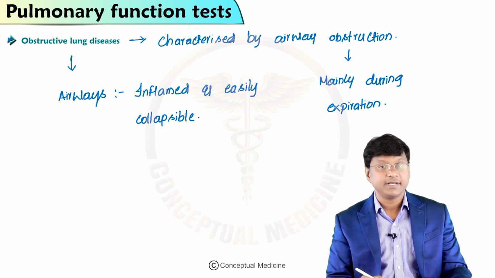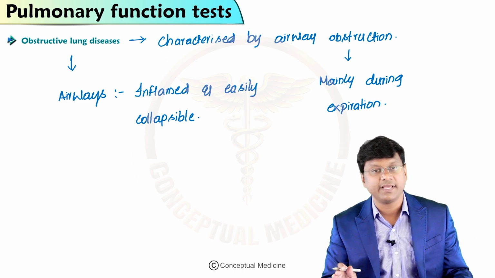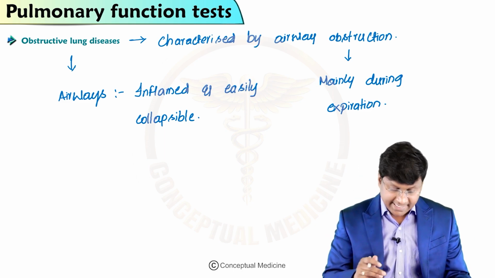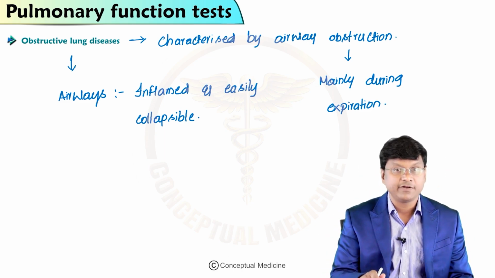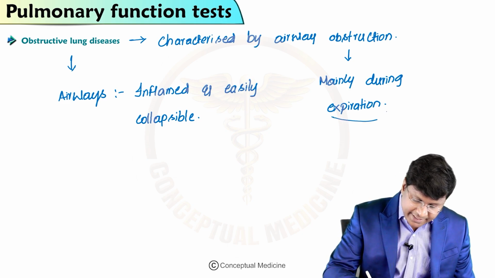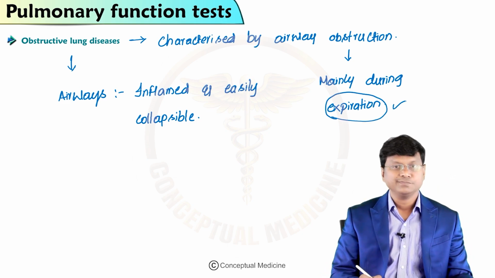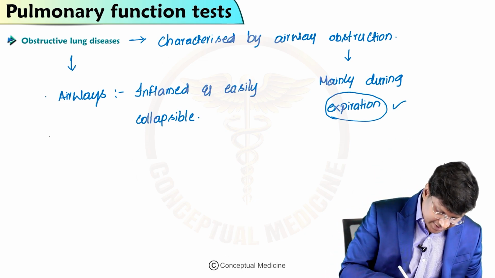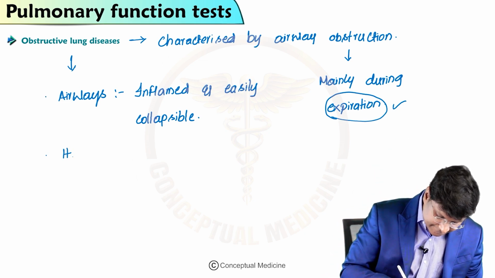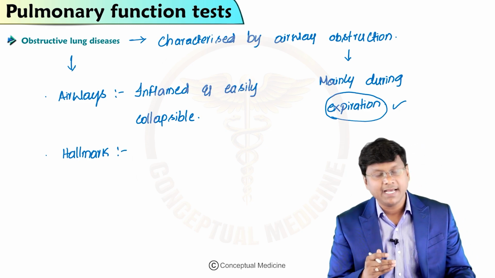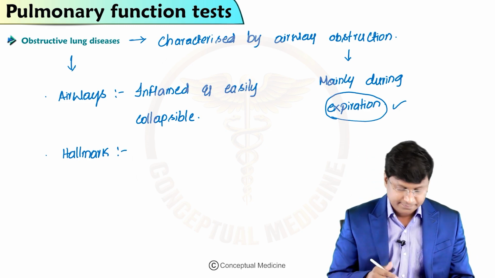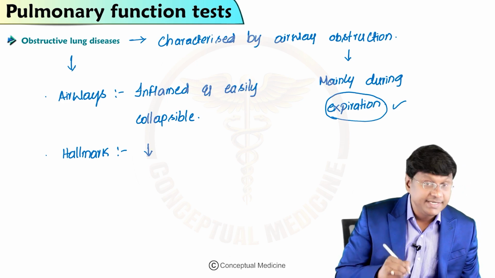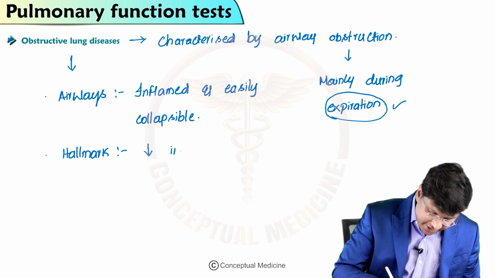There is an obstruction to the airflow, and the problem is mainly during expiration. And what is the hallmark of obstructive lung diseases? The hallmark of obstructive lung disease is that there is a decrease in the expiratory flow rates.